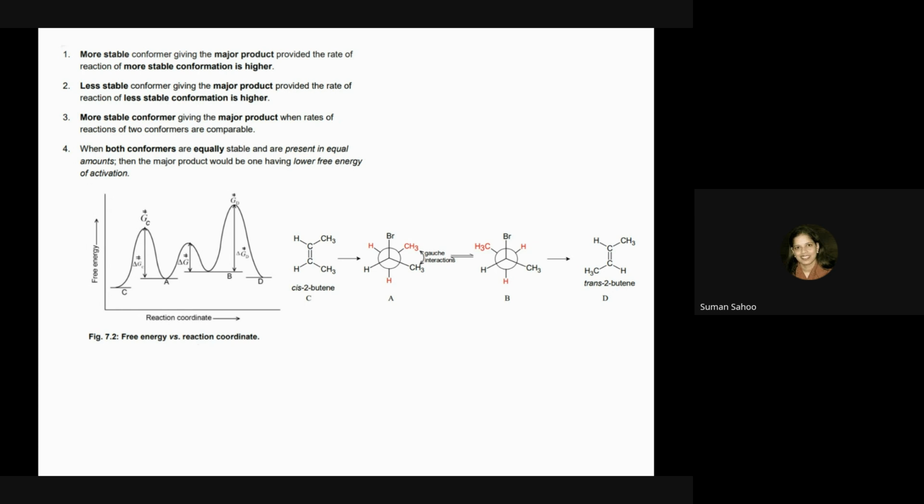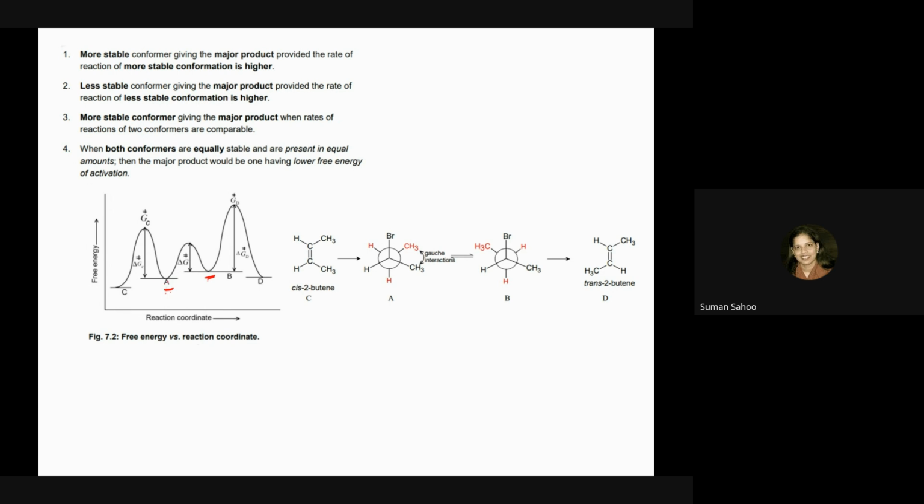So there are four conditions. First, the more stable conformer gives the major product, provided the rate of reaction of the more stable conformation is higher. For example, this one is your conformer A and this one is your conformer B. Conformer A is of less energy as compared to conformer B, so this is the more stable conformer.